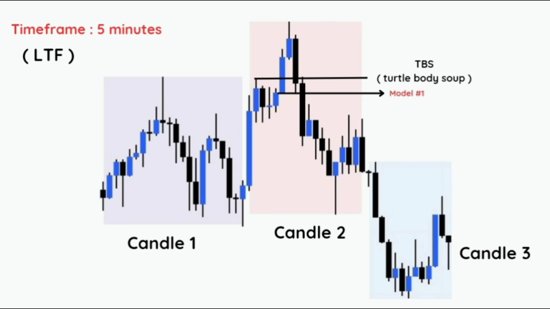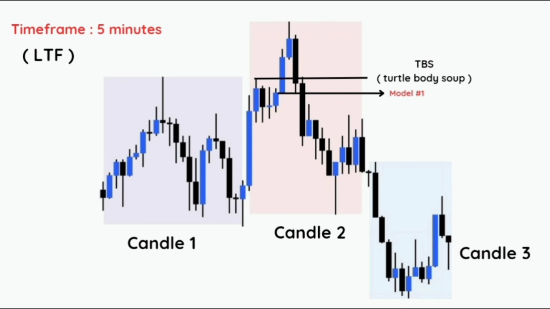Here you can see clearly I have marked the candle 1, 2 and 3. On the second candle, after manipulating the first candle, which means the CRT candle, we had a TBS, which means turtle body soup, with our model 1 entry confirmation.